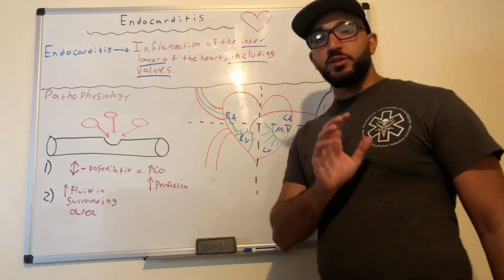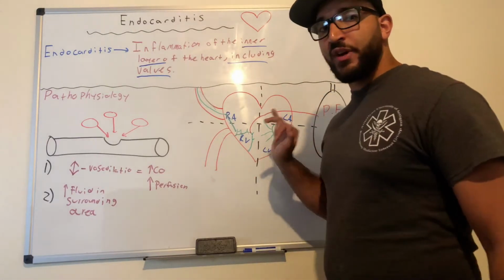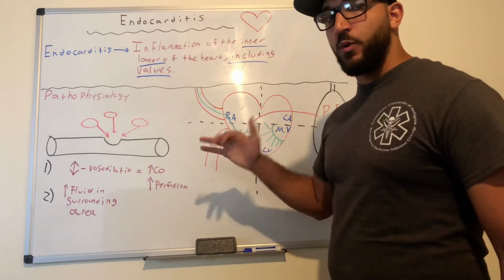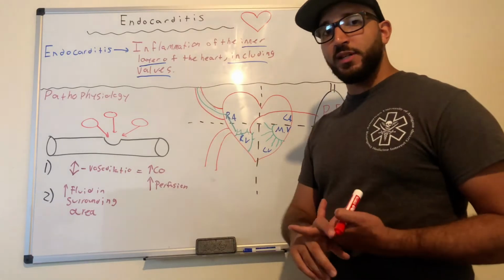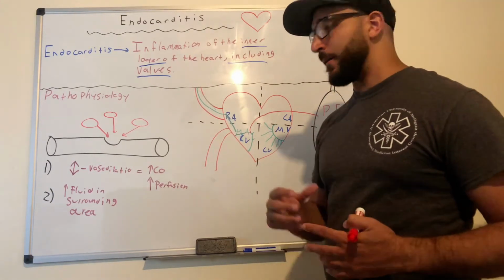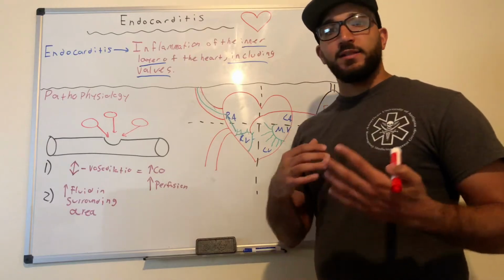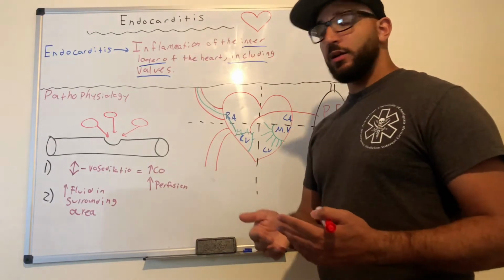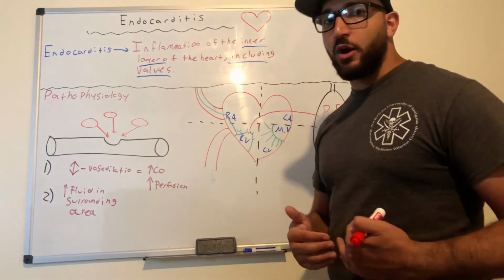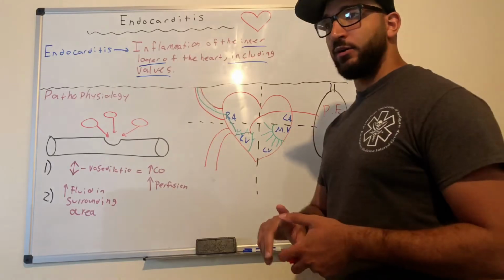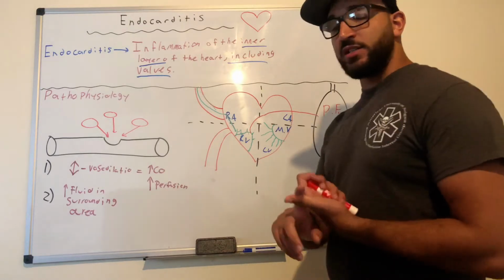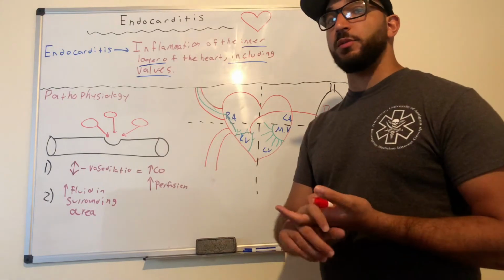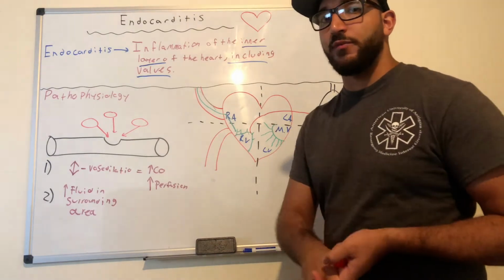Also, it's important to know that not only is there a vegetation on the valves or the ventricle, there's also platelets that have aggregated onto that valve or ventricle to maintain that cardiac output. So not only is the vegetation possibly going to break off, but also there's going to be a thrombus that could also break off too.